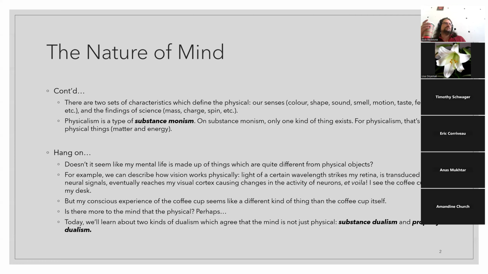But those are just neurons firing, right? I'm having this experience of a red, green, and white coffee cup, an experience that is possible because of physical events in my brain. But there's nothing green, red, or white, or coffee cup like in my brain. See what I mean? And that's why some people say, well, there's something more to the mind than just the physical. And those are the dualists.